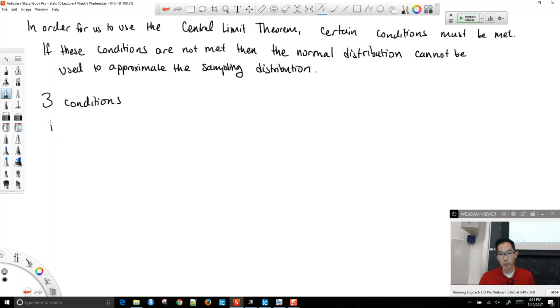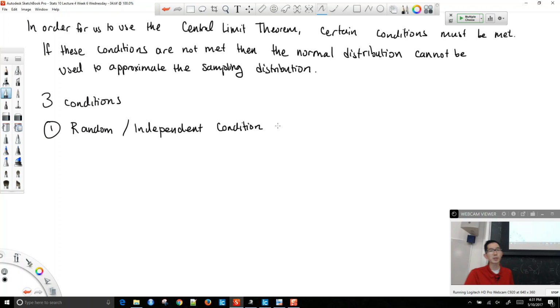Okay, number one, we call this the random and independent condition. The random and independent condition means that the sample that we are looking at has to be selected randomly, and the members in the sample have to be independent of each other.